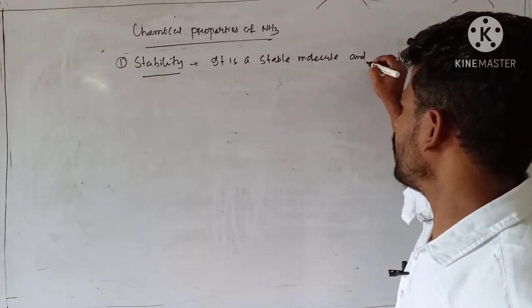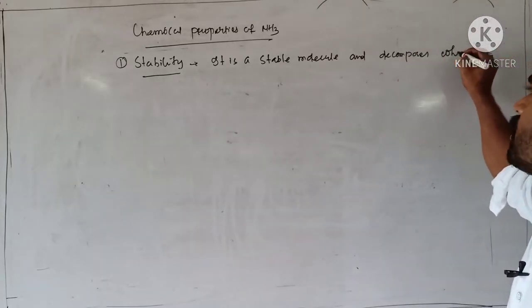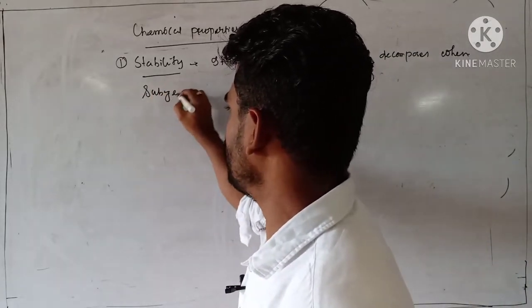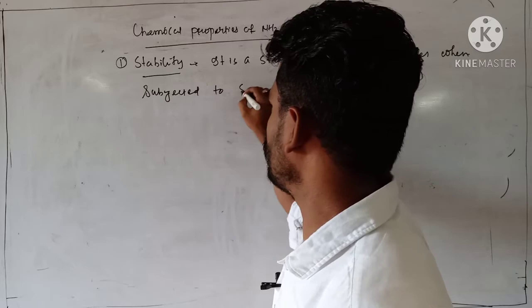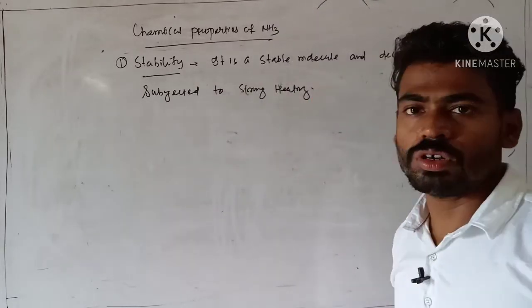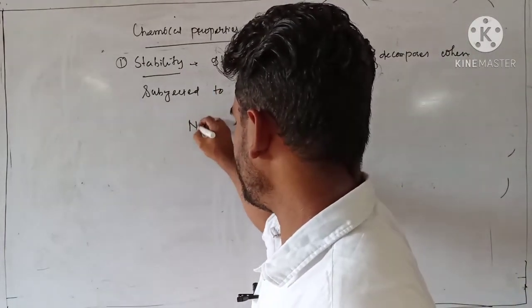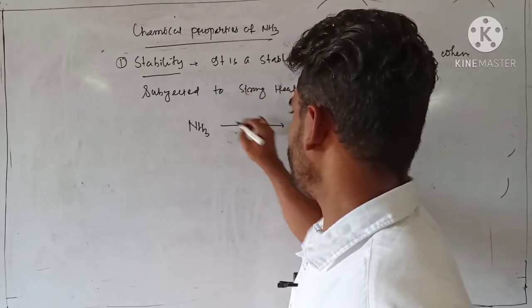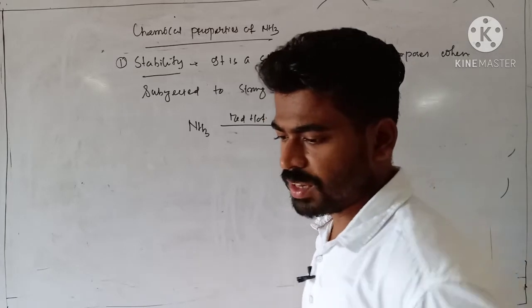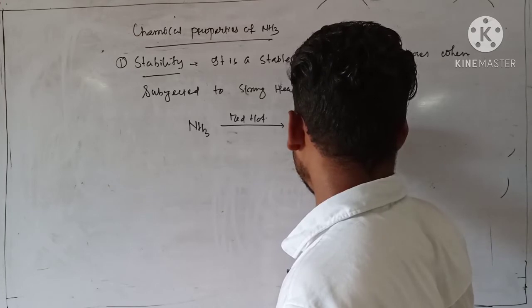It decomposes when subjected to strong heating. It can be represented like this: NH3 ammonia upon strong heating, that is red hot, will give you dinitrogen plus dihydrogen.